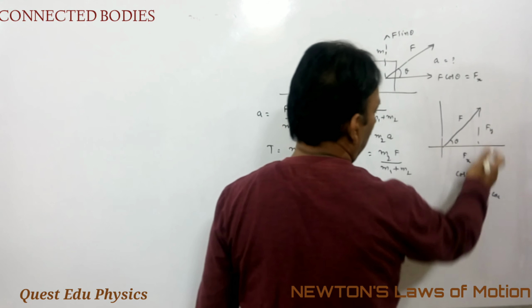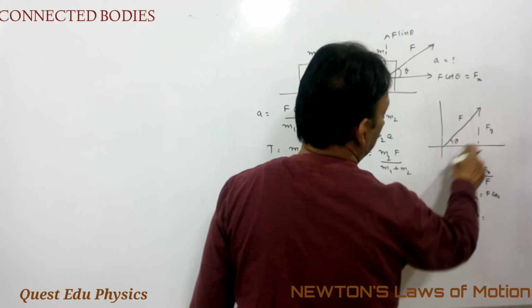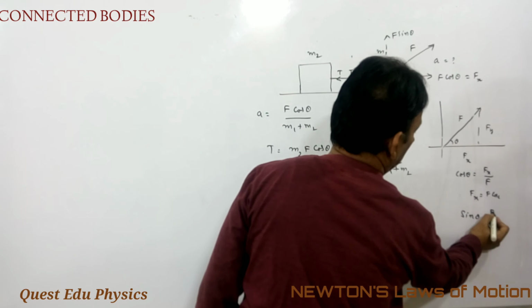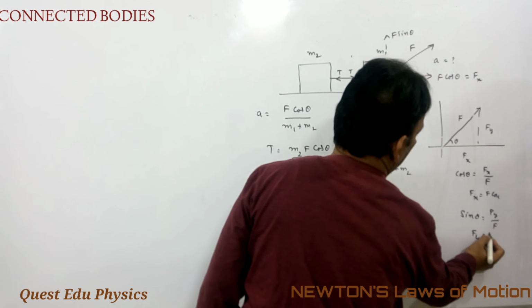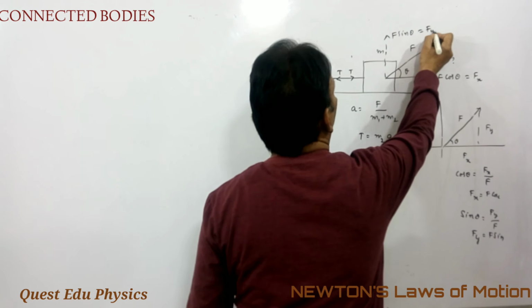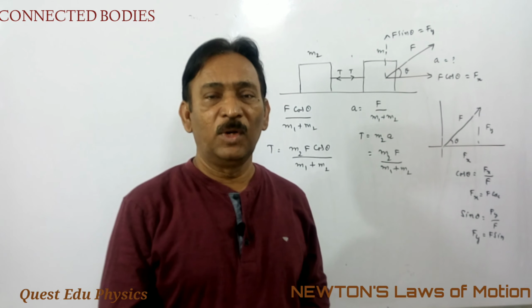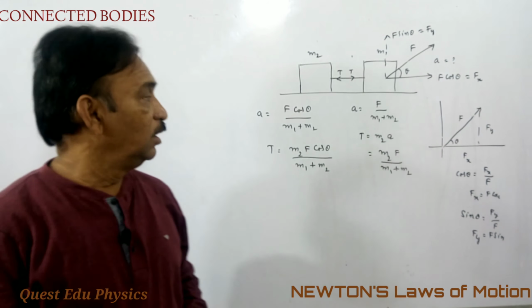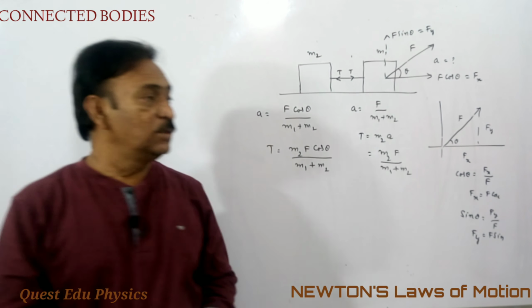In the same way, sin theta is opposite by hypotenuse, Fy by F, so Fy is equal to F sin theta. In this way you can resolve the vectors into components and find the desired results. Let's do one more problem, students.